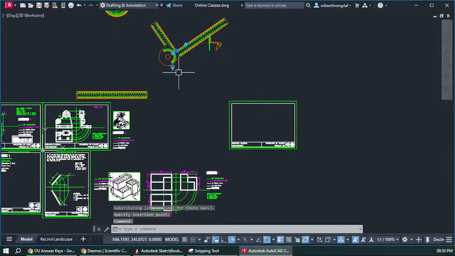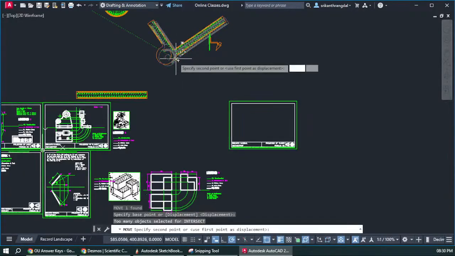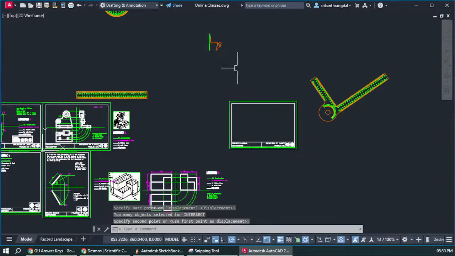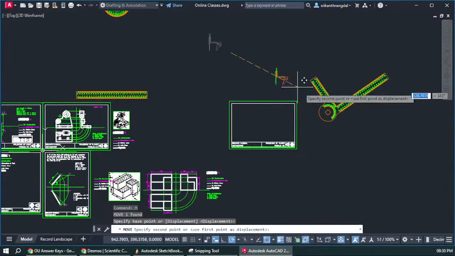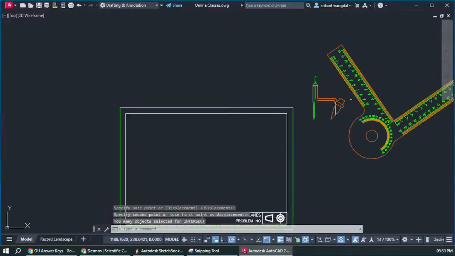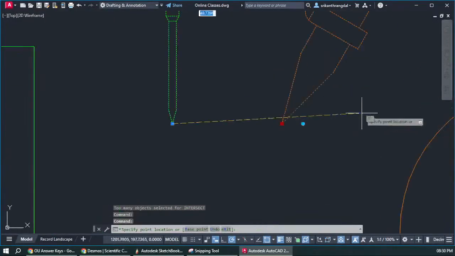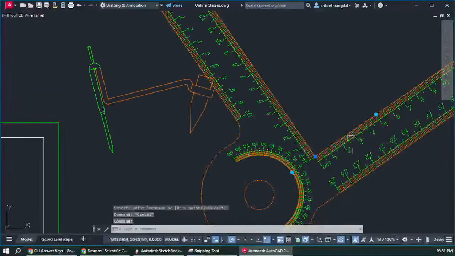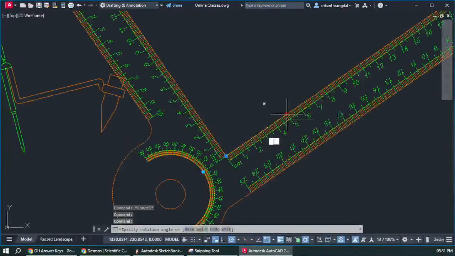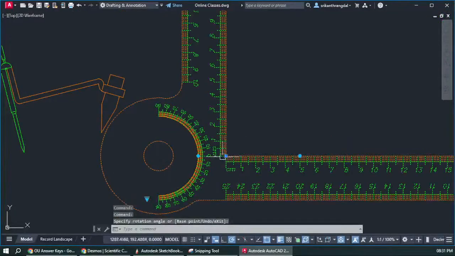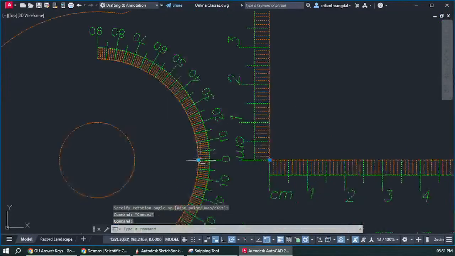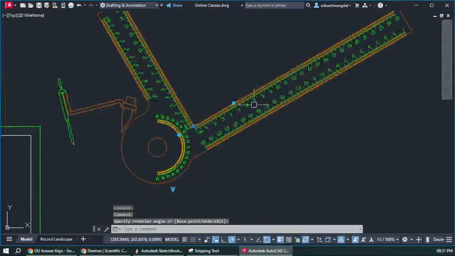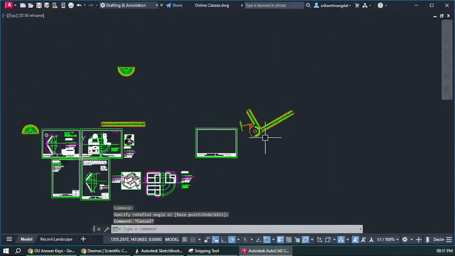And as you can see, these are all the virtual instruments that I've created, which function very similar to your actual instruments. We have a compass for which I can rotate and change the radius. I have a mini drafter which I will be able to rotate to whatever angle I want. Okay, if I want exact angle, I will be able to use this scale over here and get that angle.